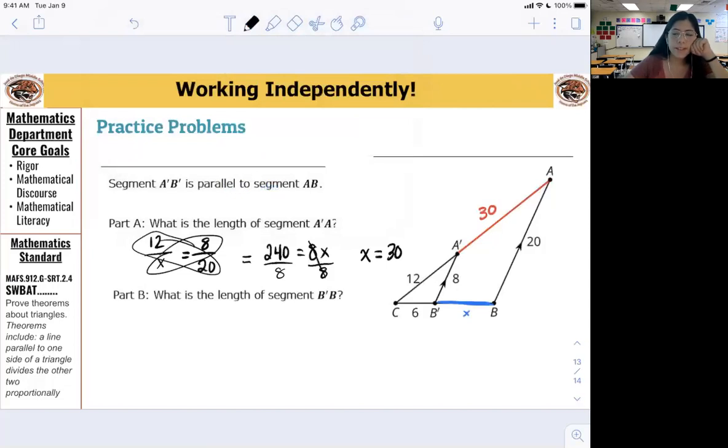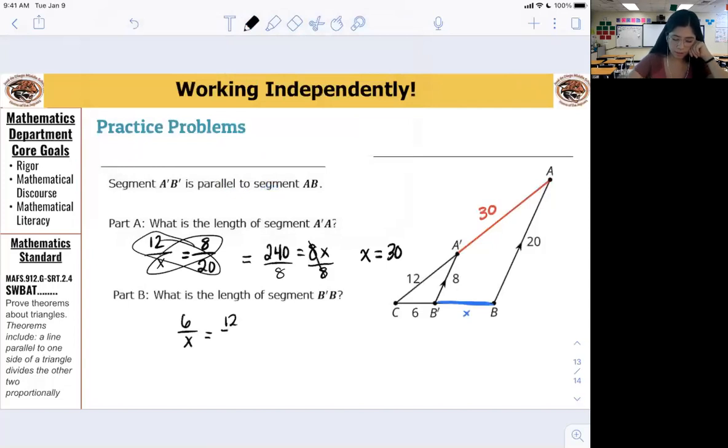Anybody going once? Going twice. 6 over x equals 12 over 30.